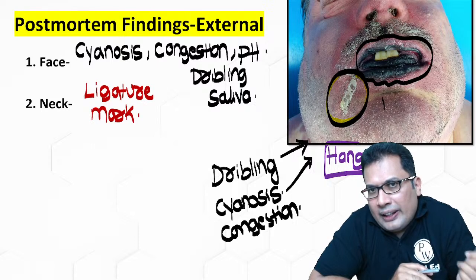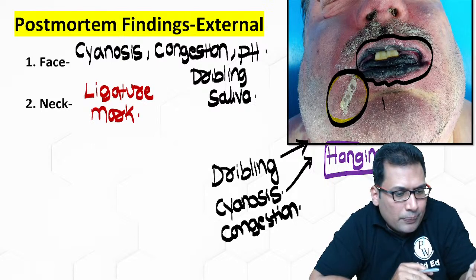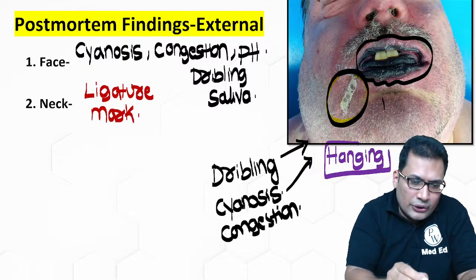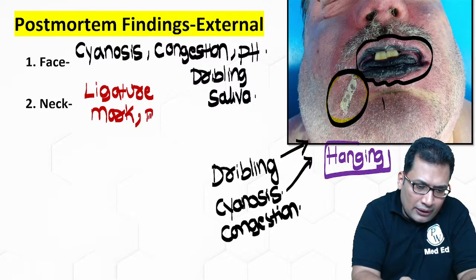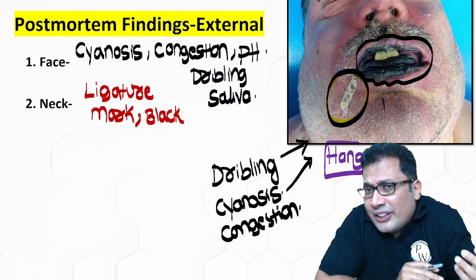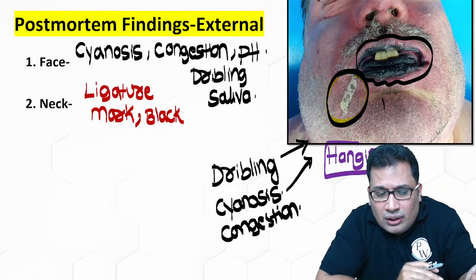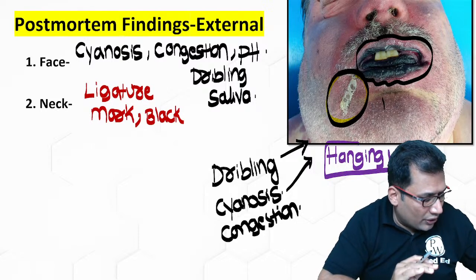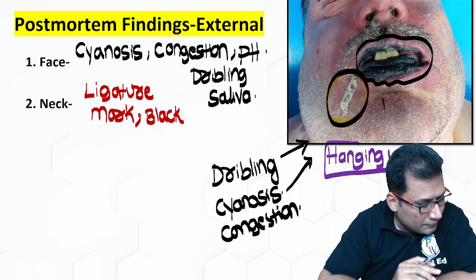Normally, is it oblique or transverse? Anybody can answer. Over the neck, you can see the ligature mark. Ligature mark can be black color or brownish color. Dry, hard parchmentization is seen over the neck. What is the appearance of ligature mark over the neck?